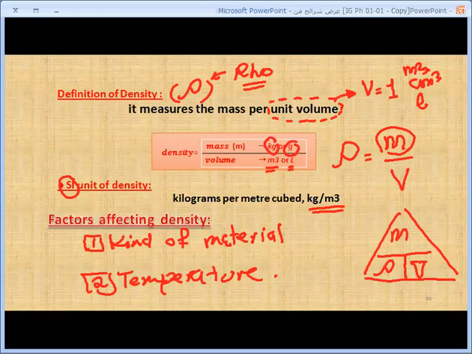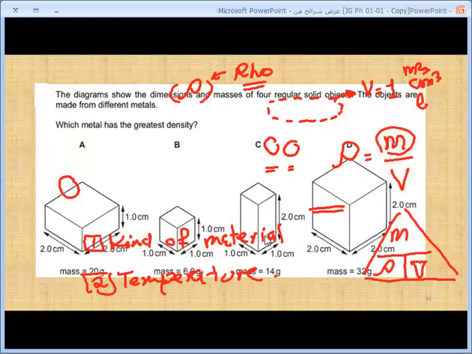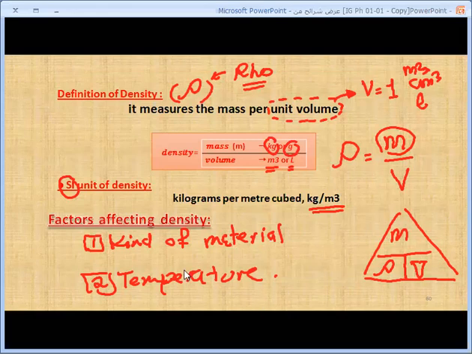So let me show you this question. First let's finish temperature. As temperature increases, concentrate well, because this is a very important point. As temperature increases, what will happen to the volume? The volume is increasing also.